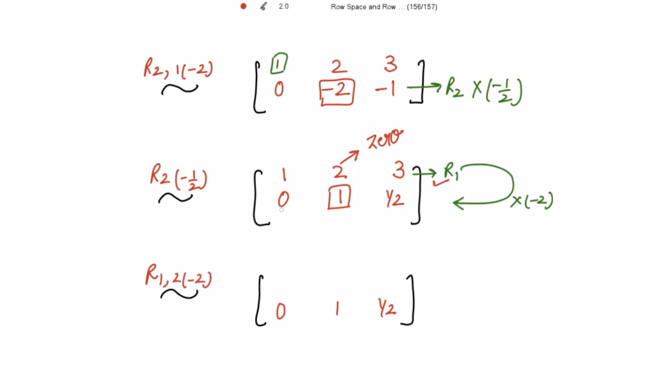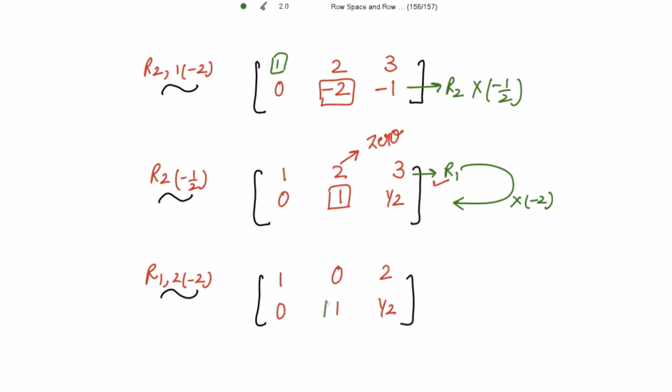Okay. 0 multiplied with -2 we get 0, and adding this to 1 we get 1, no change. 1 is multiplied with -2 we get -2, and adding this to 2 we get 0. 1/2 is multiplied with -2 we get -1, and adding this to 3 we get 2.